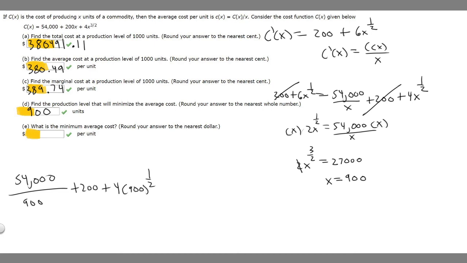And so let's plug that in our calculator. So 54,000 divided by 900 plus 200 plus 4 times 900 raised to the 1/2. So if you do that, you'll realize the answer is going to be 380. So 380 is going to be the answer to this problem, and so these are going to be the answers to this problem.